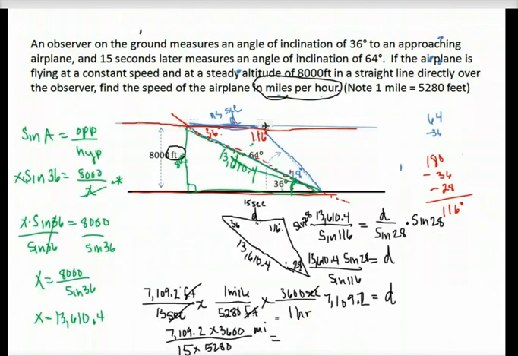So on top we multiply 7,109.2 times 3,600, divided by, and put this in parentheses, 15 times 5,280, and you get 323.1 miles per hour, and we have an answer.